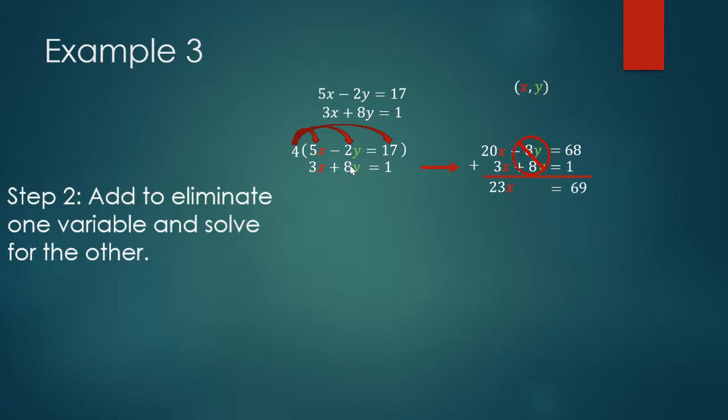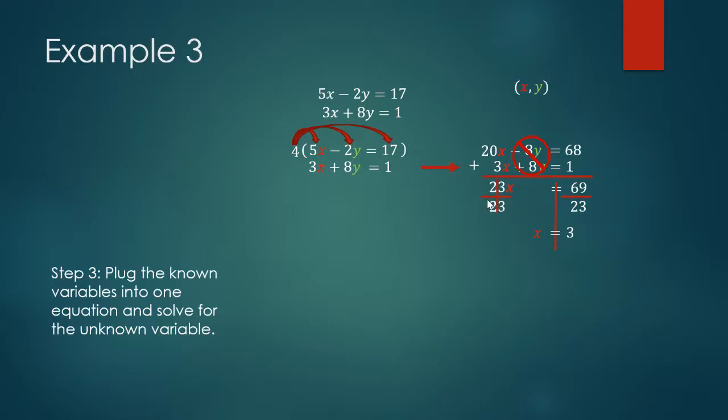Now, I'm trying to isolate my unknown variable, which is x. So I'm going to draw my line, and since I know this is multiplication, I'm going to divide. I'm going to divide by the coefficient, which is 23. 23 divided by 23 is 1. So I'm going to drop my x equals 69 divided by 23 is 3. So x is equal to 3.